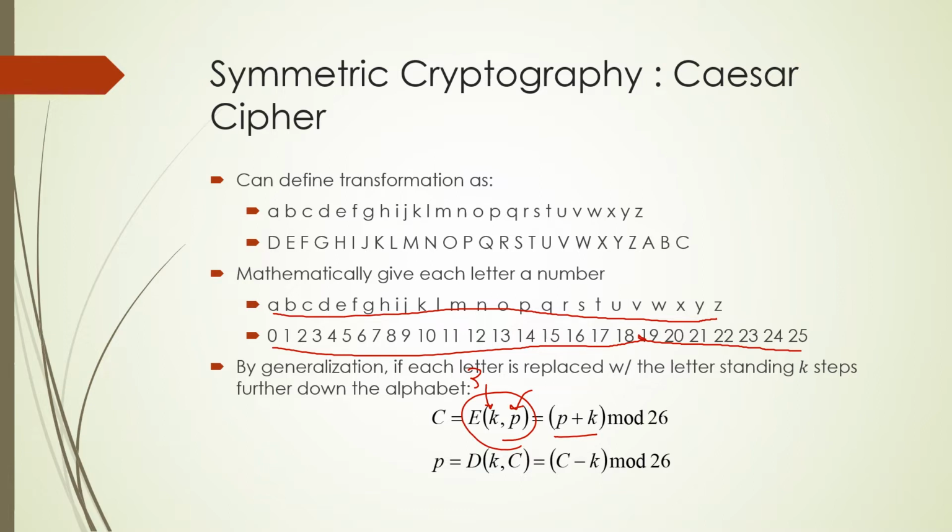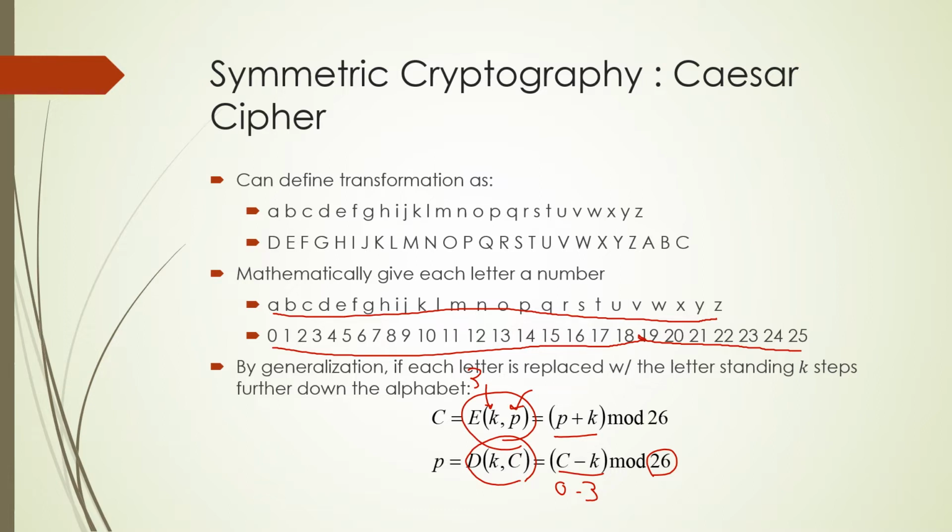And the decryption algorithm will get a single cipher letter and convert it to a single plain text letter by doing this: subtract K from C and do mod 26. But just remember the mod of a negative number. Let's say if C is 0 and K is 3, 0 minus 3 is negative 3. Negative 3 mod 26 is not negative 3. It's not the programming mod.